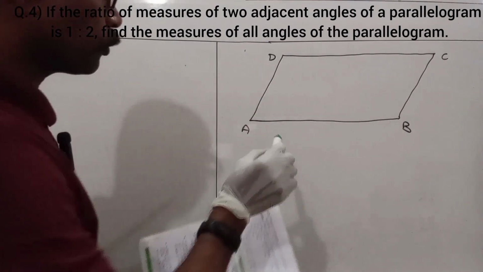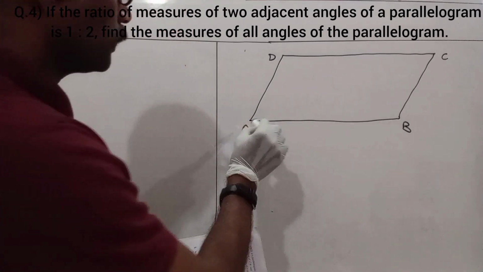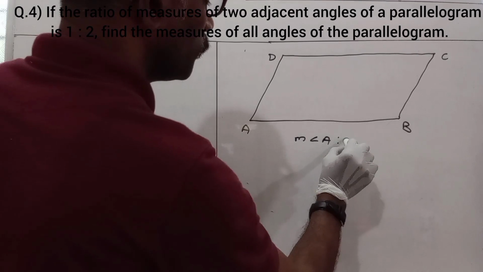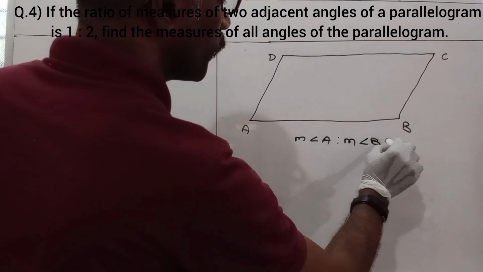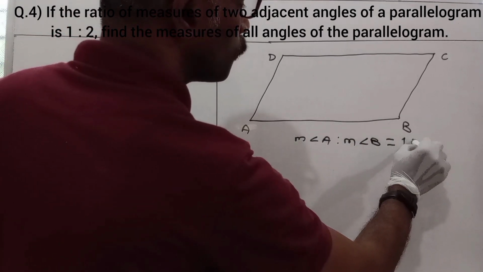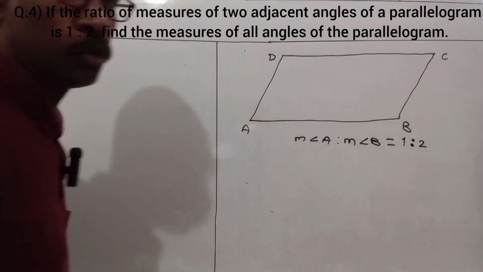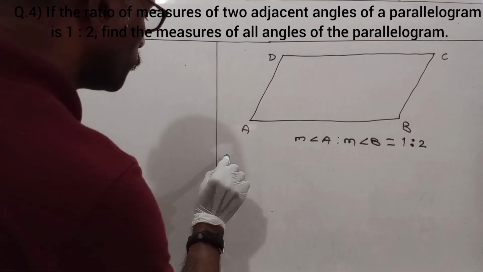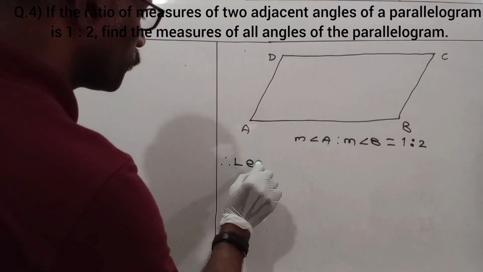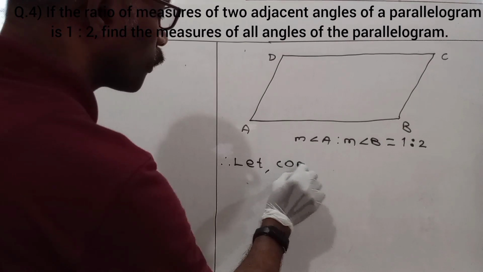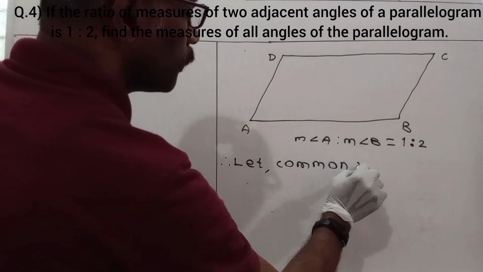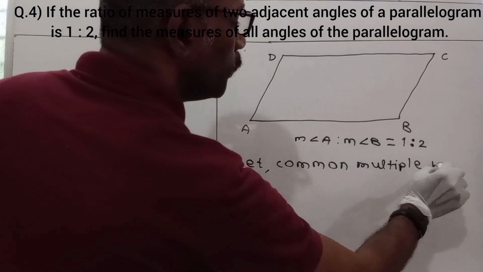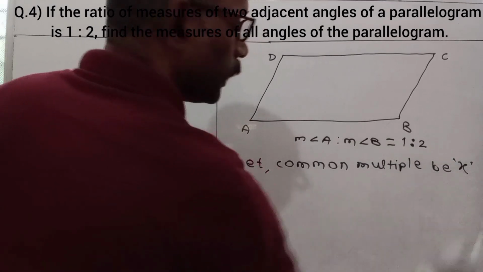Now suppose we have given ratio of measure of angle A is to measure of angle B is equal to 1:2. This ratio is given. Okay. Therefore, we write here let common multiple be x.